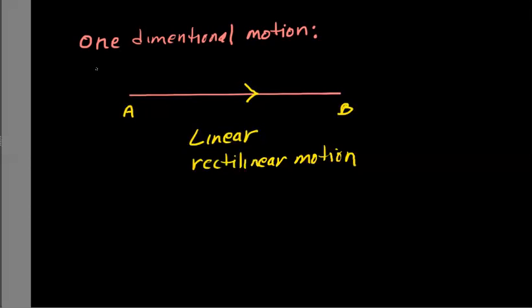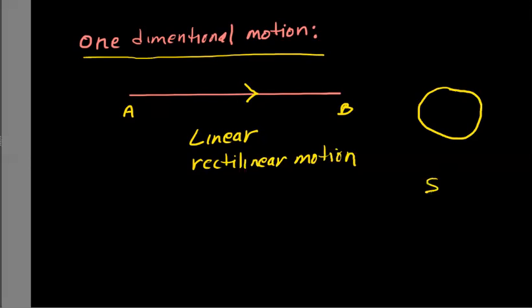That means we are only going to study one dimensional motion. When a body is moving in a circular path like this, that means it is moving in two dimensions. When a body is moving in space, it is moving in three dimensions. We are not going to study this. We are only going to study one dimensional motion.